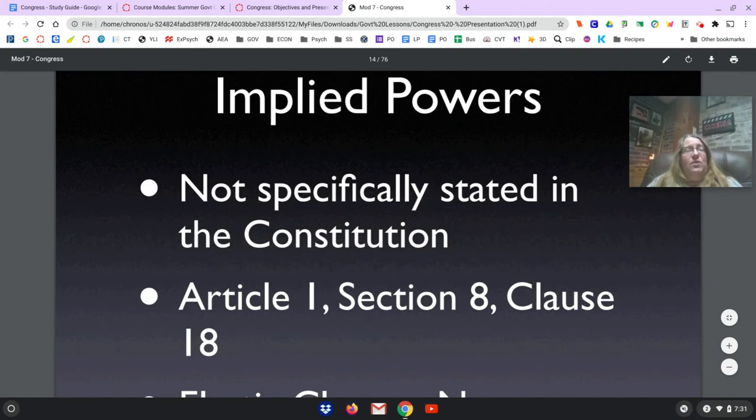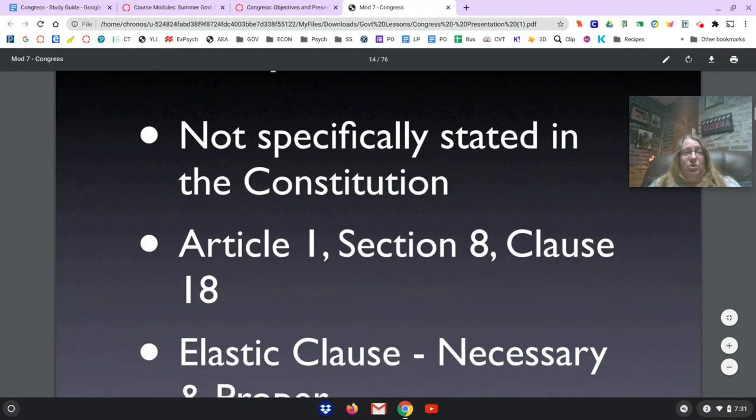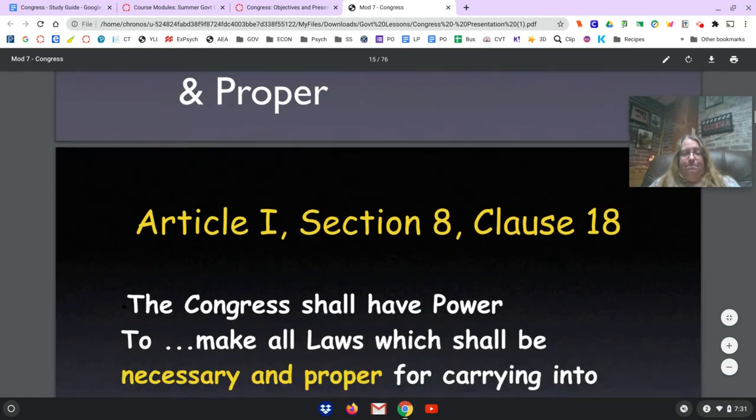Same thing for some of you who might use the Federal Agricultural Services over by Yellow Smoke Park. Those are implied powers. Nowhere in the Constitution does it say we should have a Department of Agriculture. It's not there, but it's implied that it's probably necessary and proper for us to be able to run agriculture and commerce in the United States.